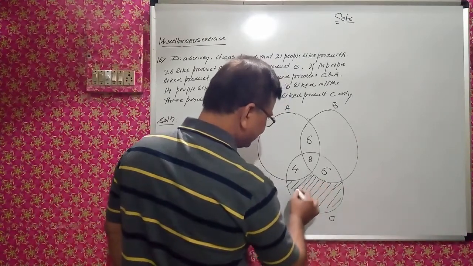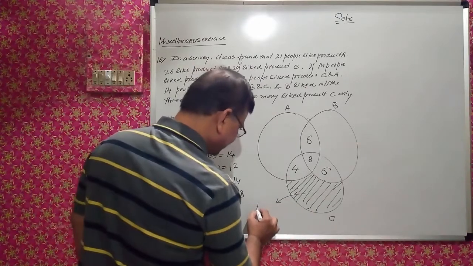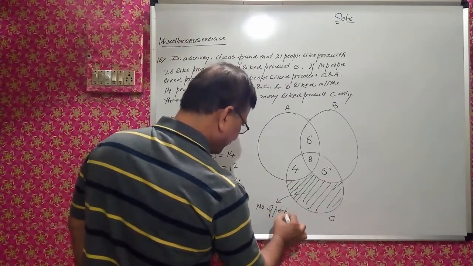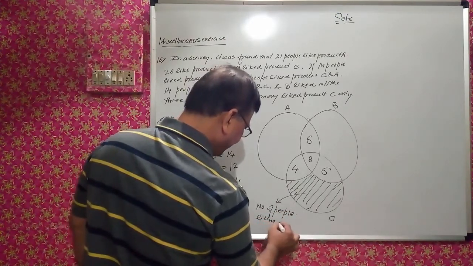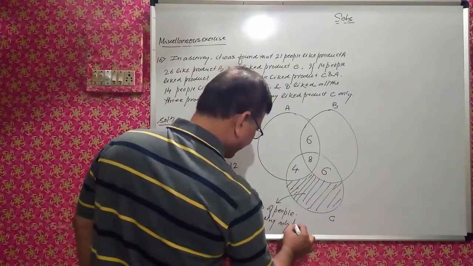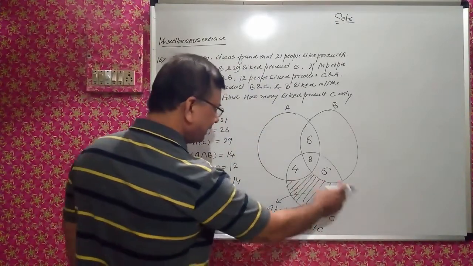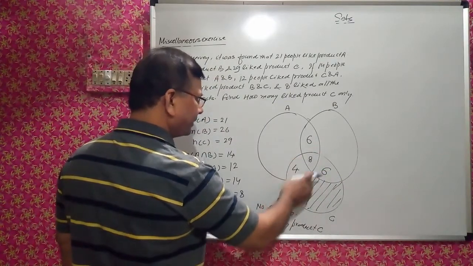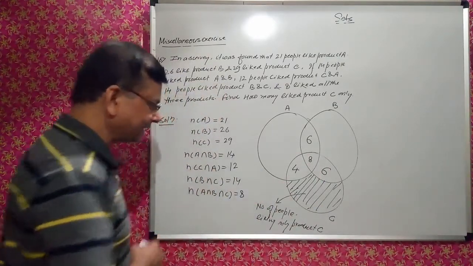Pay attention, what does this area tell? This area tells the number of people liking only product C. This area is only C. Here both B and C are there, here both A and C are there, here only C. And how will we find this?